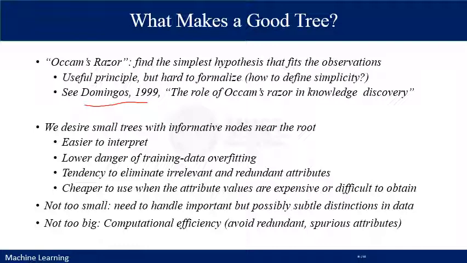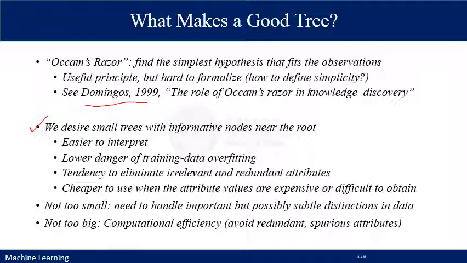But in simple terms, we desire small trees with informative nodes near the root. We would like decision trees which are easier to interpret and have lower danger of training data overfitting. We have discussed the problem of overfitting, and we would like to have trees which reduce the overfitting problem.